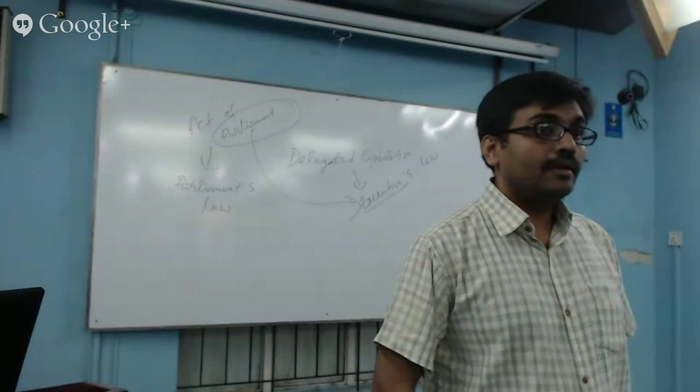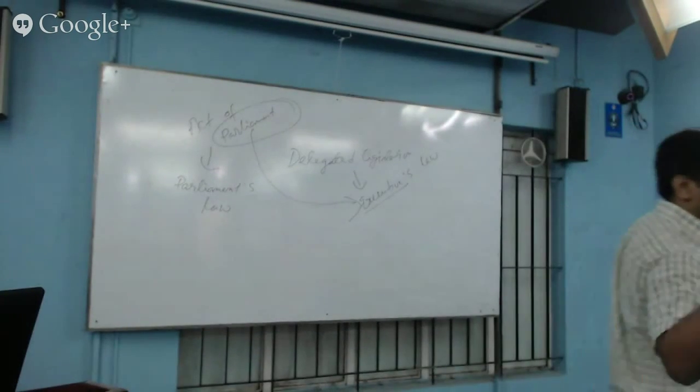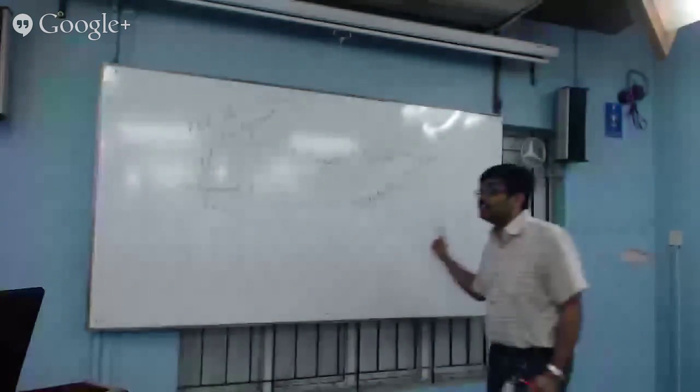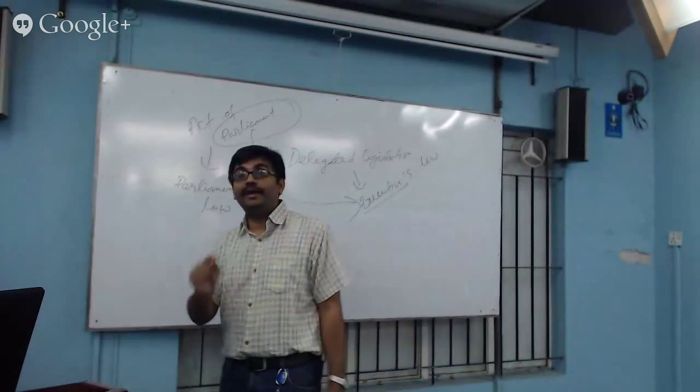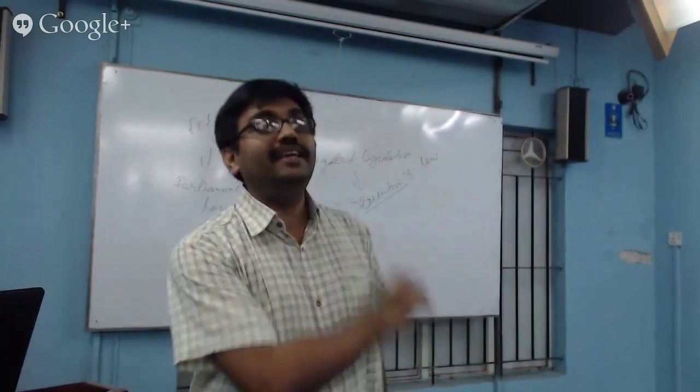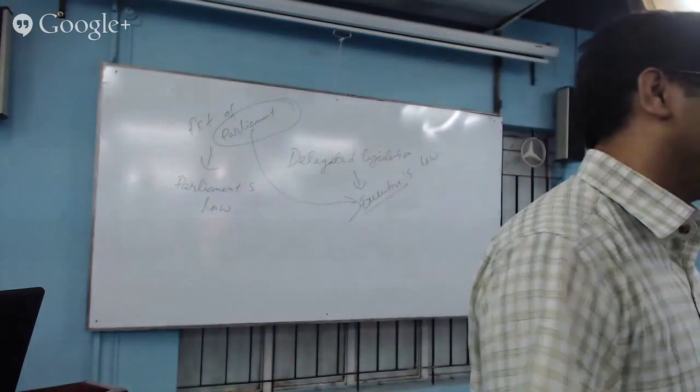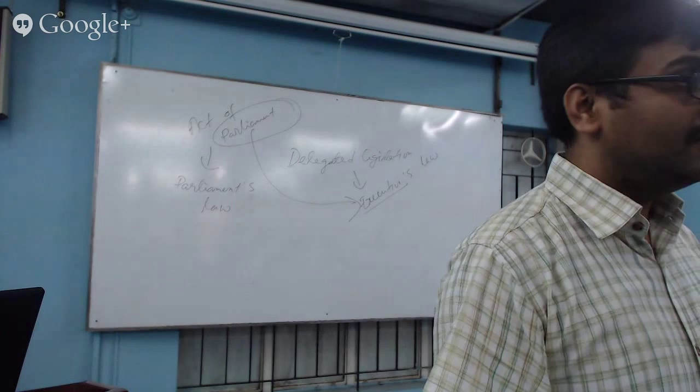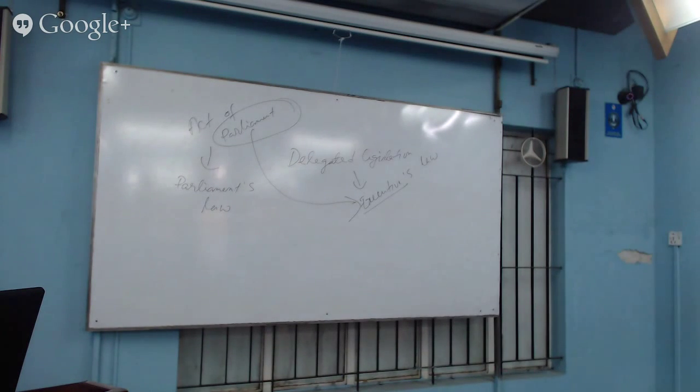Meaning, what the Parliament has actually authorised. Yes, without the delegation, without the authority of the Parliament, the executive cannot make the law, delegated legislation. Am I clear? Okay. So the answer to it lies with the question itself.